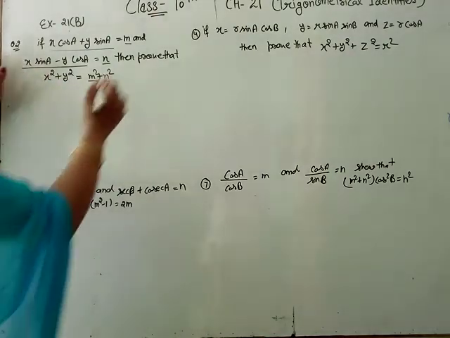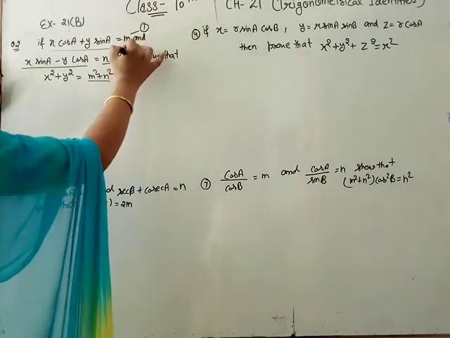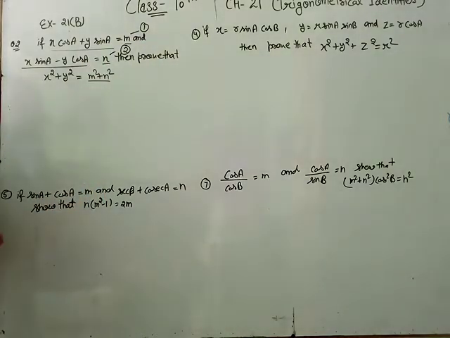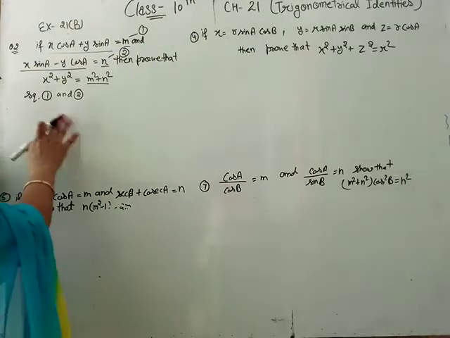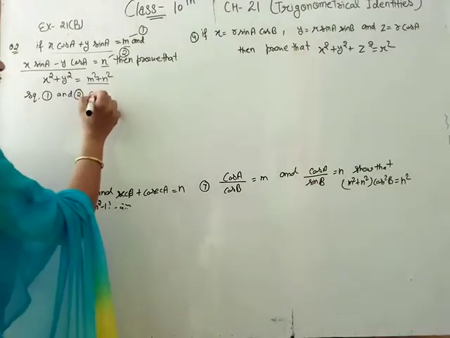So according to this, we take this as first and this as second. Squaring first and second, and adding.